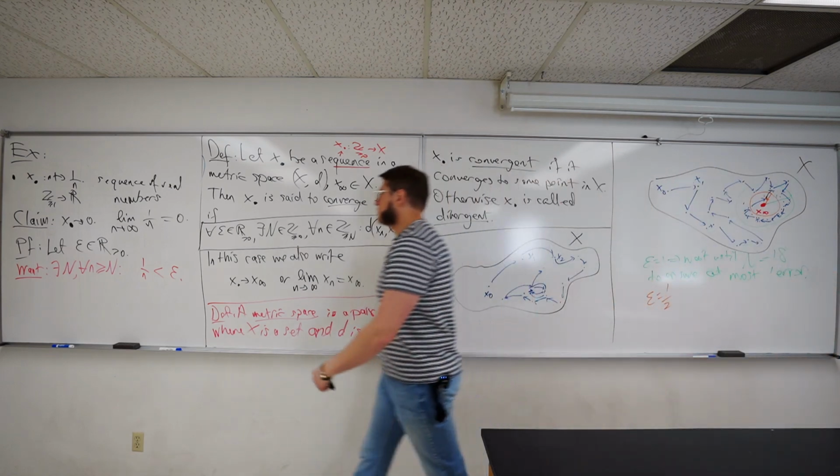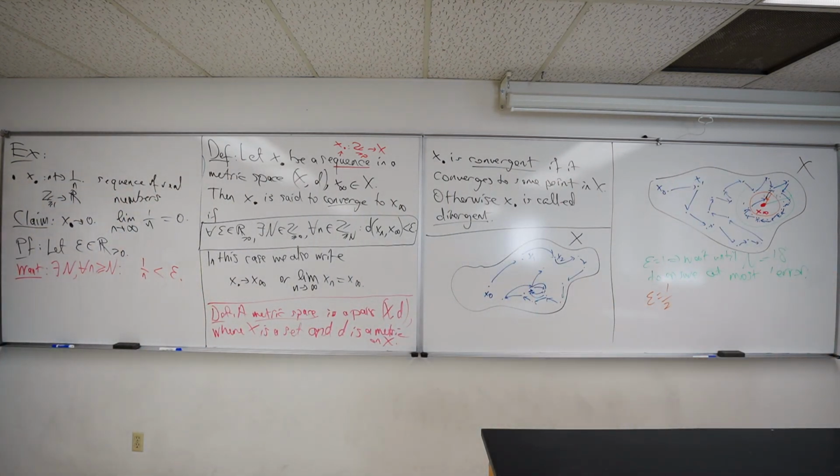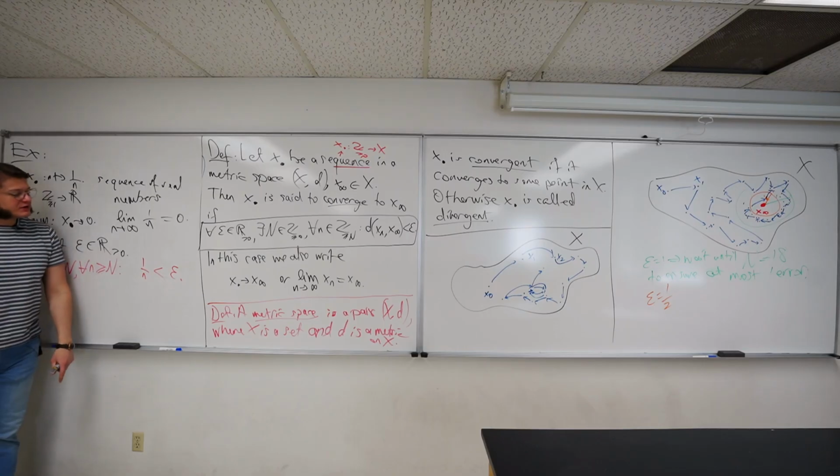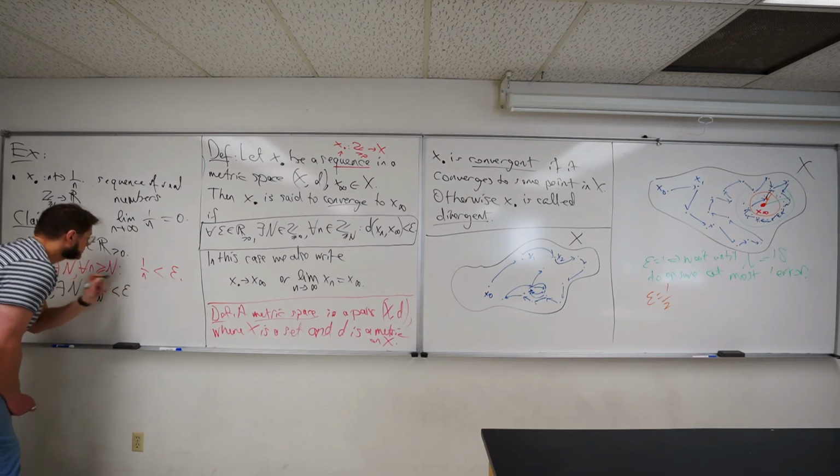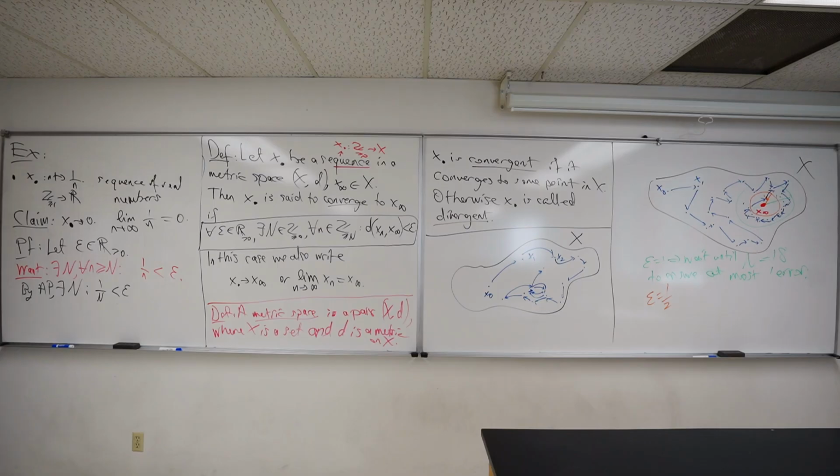But you see, here is where I can use one of these axioms. Epsilon is a positive number. By the Archimedean property, I know that there is some capital N such that this happens. There is an N such that this happens. This is the Archimedean property. Okay. Well, I also know that if lowercase n were any integer greater than N, its reciprocal would be even less than this by basic algebra.